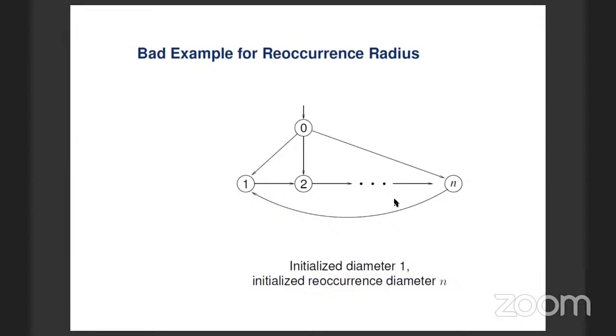It's a looser bound for safety properties, and this illustrates why it is a looser bound. The reoccurrence diameter is actually a bound for the initialized diameter for any transition system.